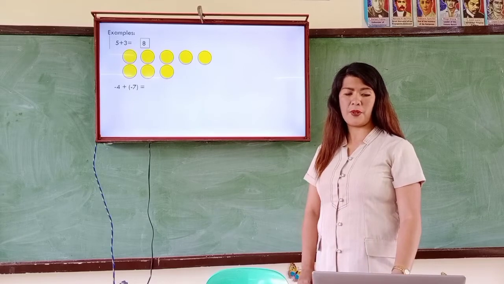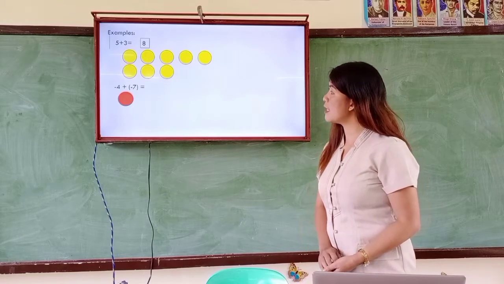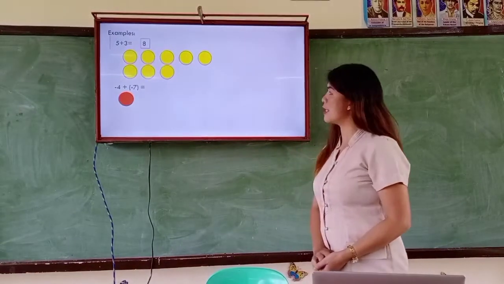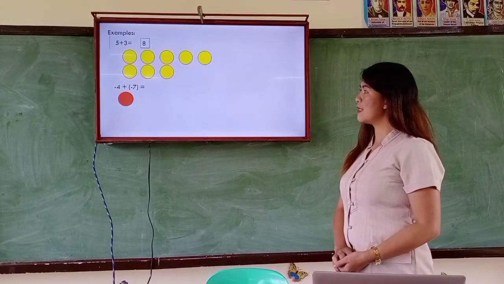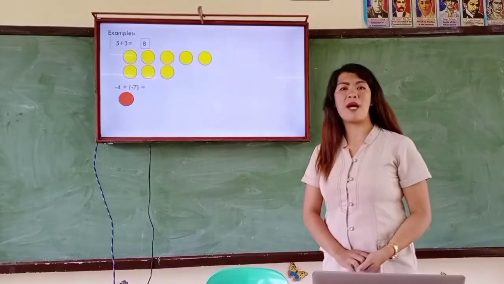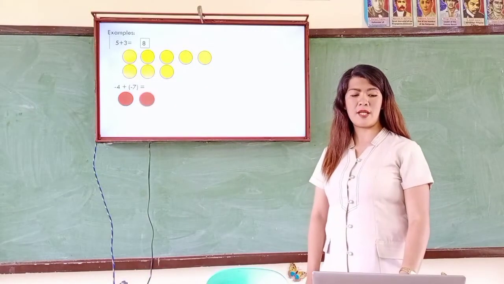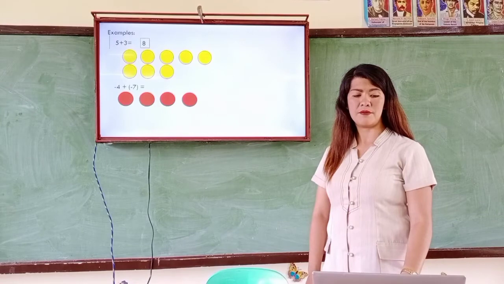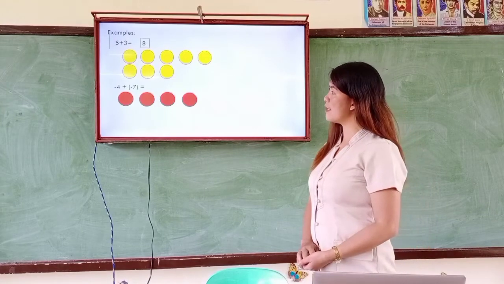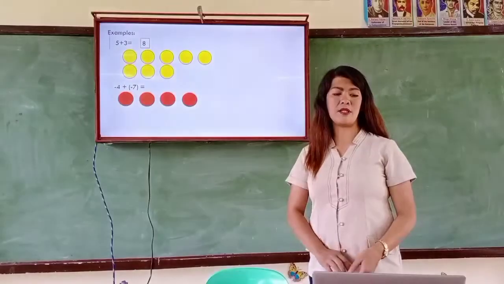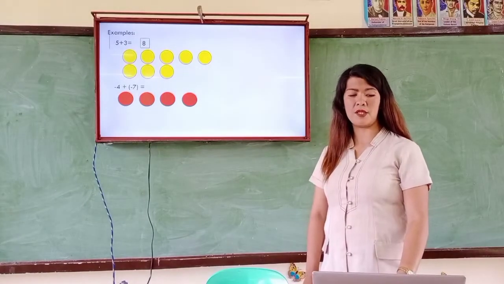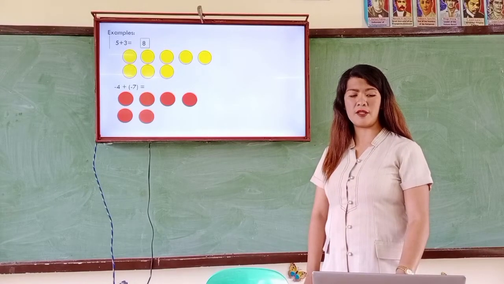Another example. We have negative 4 plus negative 7. Since negative is represented by a red chip, we have 4 red chips, plus negative 7, so we have 7 red chips.